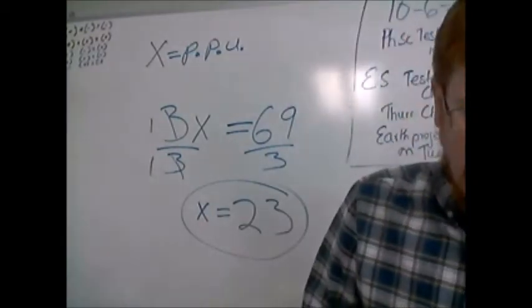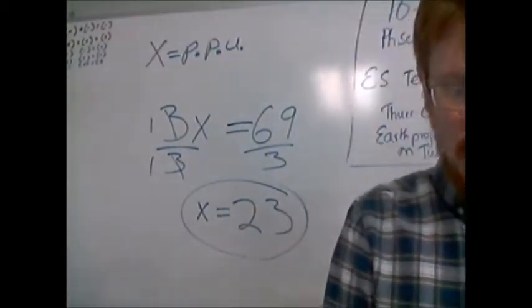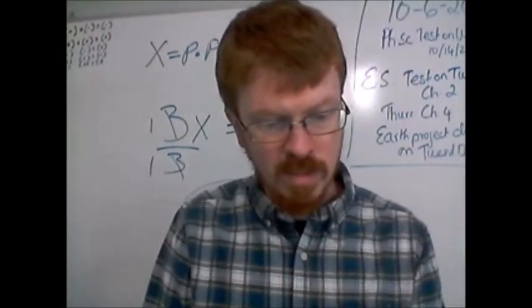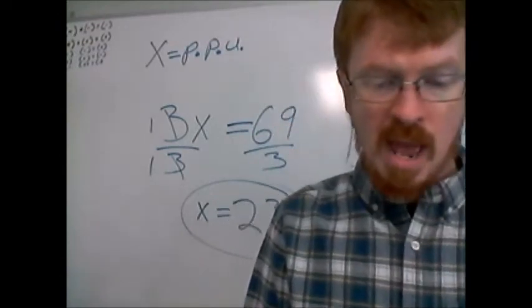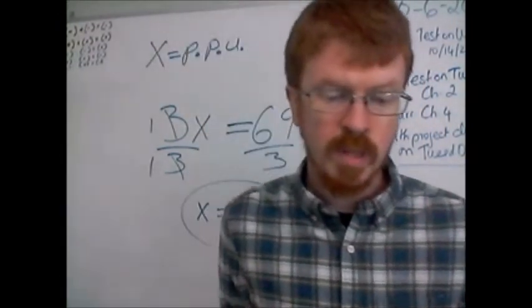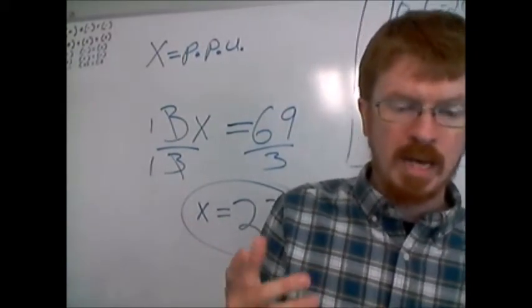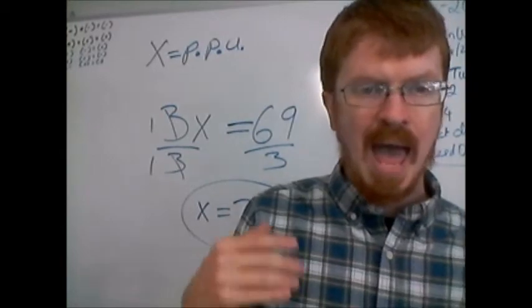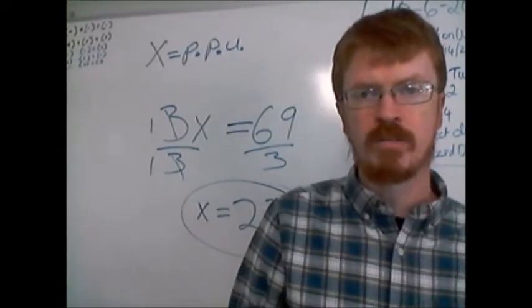And then number 3, the offering was $8,428, divided equally among the missionary families at the conference. Each family received $2,107. How many families were at the conference? So you have 8,428, each family got 2,107. How many families were there total? That's what you're trying to figure out there.